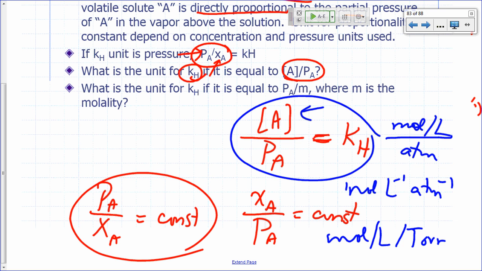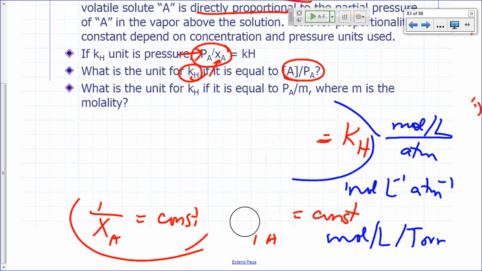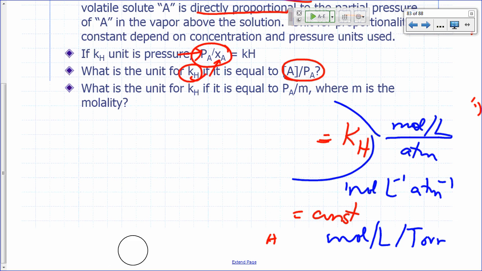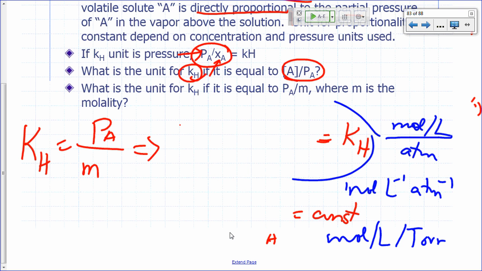What would be your unit if your expression is pressure over molality? If your Henry's law constant is given as the ratio of pressure to molality, what's the unit for pressure? Torr or atmosphere, right? What would be the unit for molality?